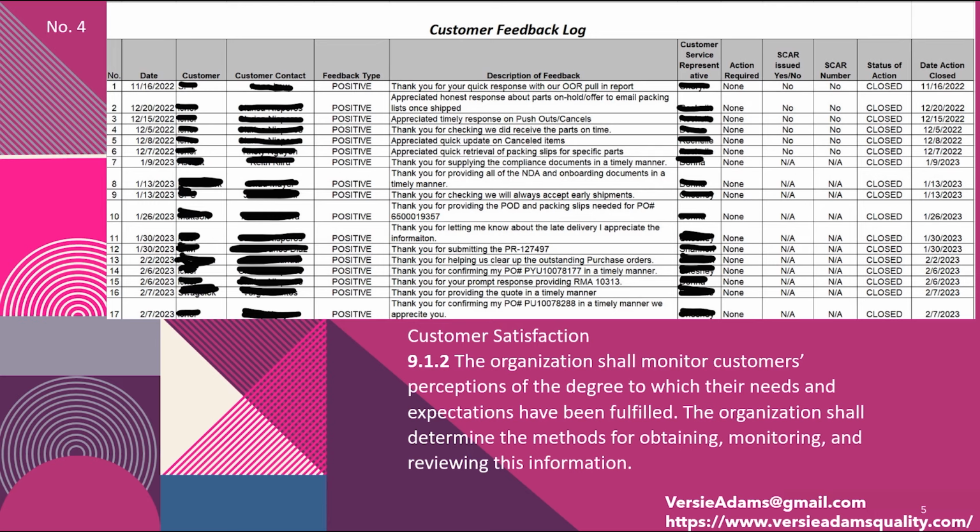So this is another method that you can use to show that you are in fact monitoring customer feedback, and that you're monitoring the degree to which the needs and expectations stated by the customer have been fulfilled.